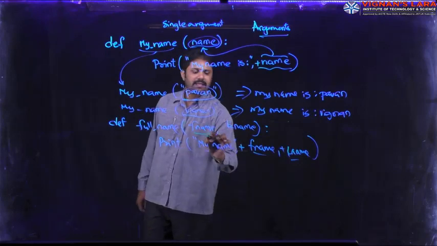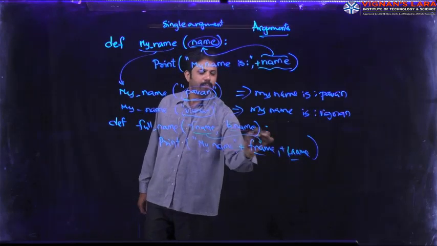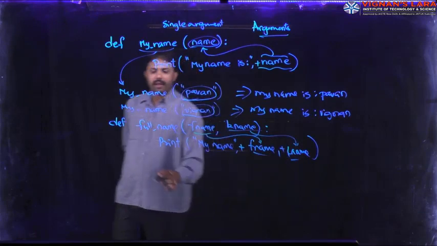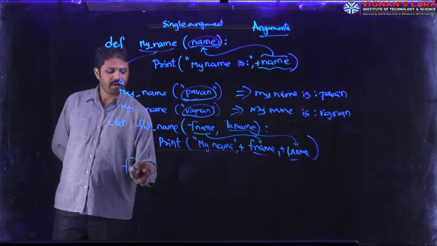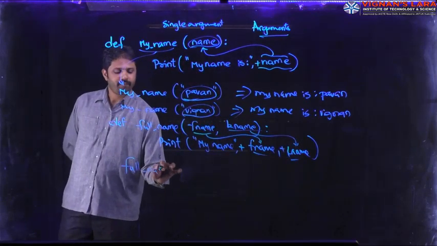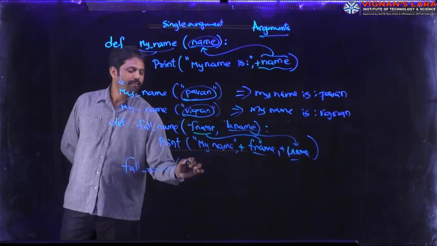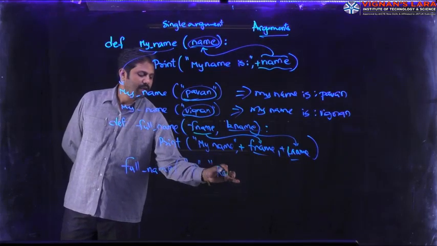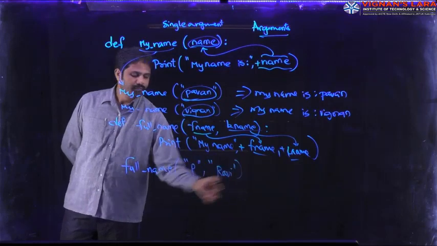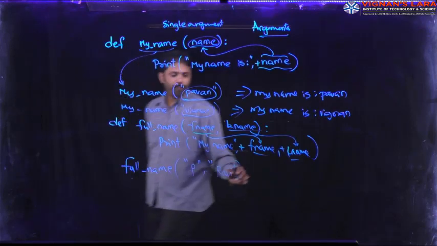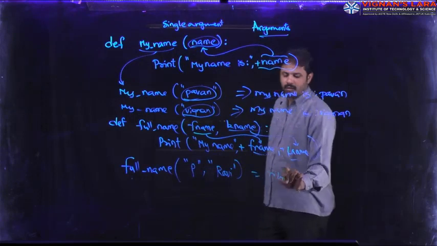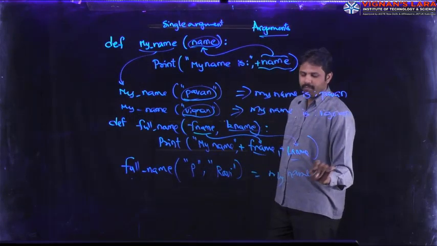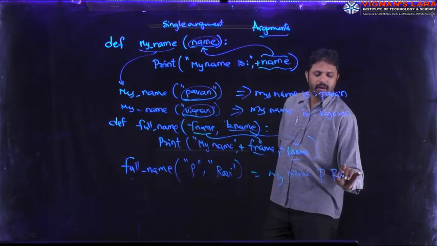If you write the statement with F name and L name like this, the values you passed are going to be placed here. That means if you call the function full name of first name P and last name Ravi, your output is my name P Ravi.